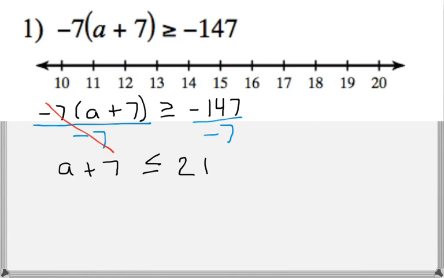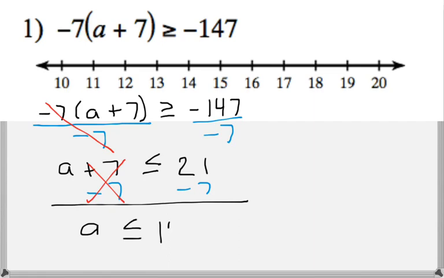Now this problem becomes a simple one-step problem. Now we have to get rid of that plus 7, so go ahead and subtract 7 on both sides. That's going to give us a. The 7 minus 7 cancels out, and 21 minus 7 gives us a 14. So we have our answer of a is less than or equal to 14.